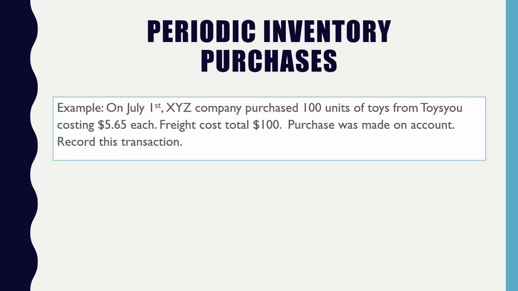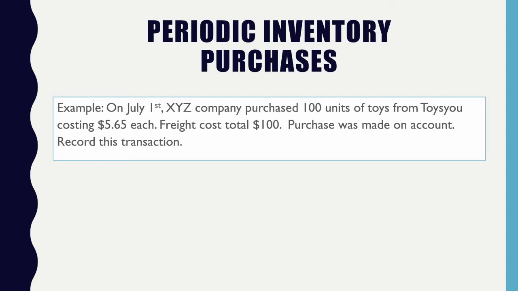Here we're given a specific item, from Toys U, costing $5.65 each. That's what it costs you to buy it, but when you sell it, you get to make that price point.